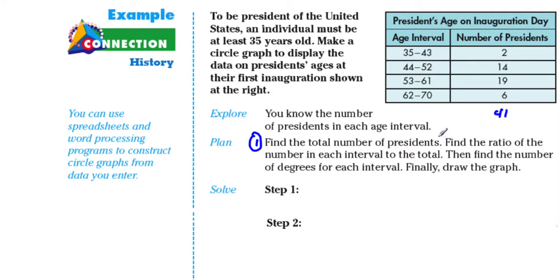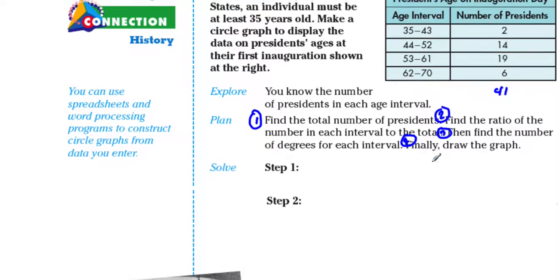Second step, find the ratio of the number in each interval to the total. The third step would be to find the number of degrees for each interval. And the fourth step is to draw your circle graph. Actually there are 4 steps. So let's take a look at this one by one.